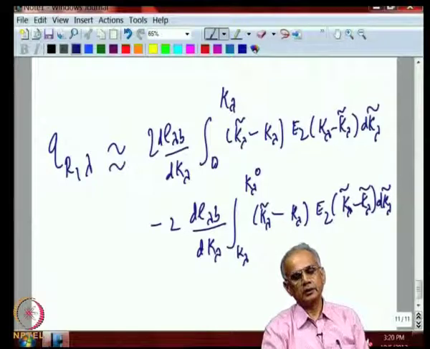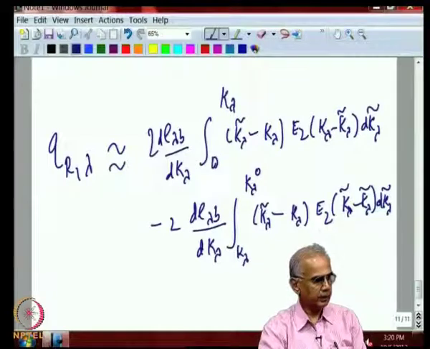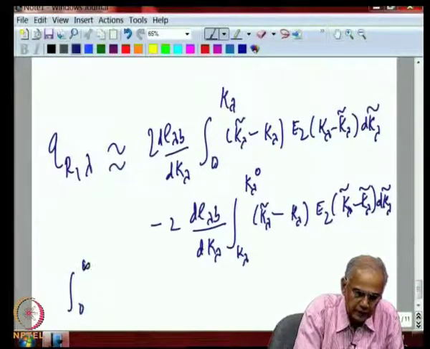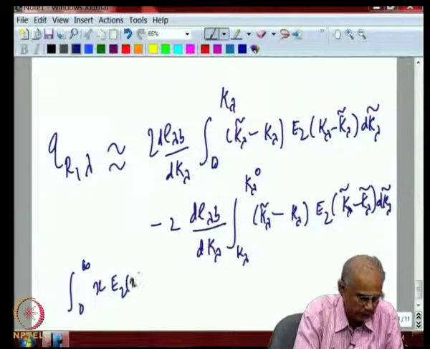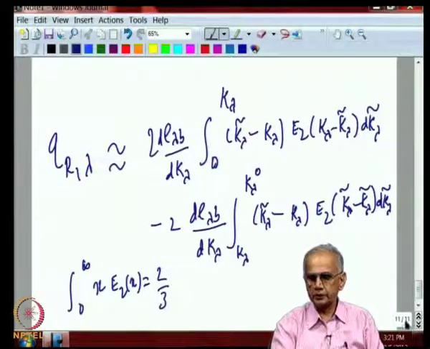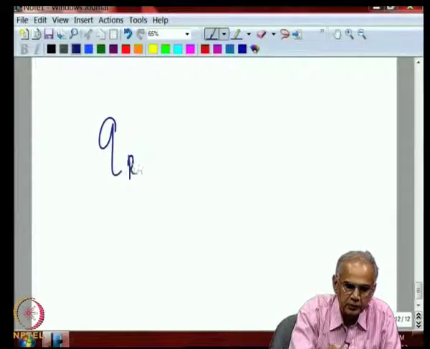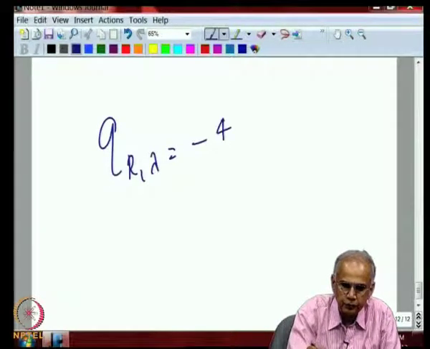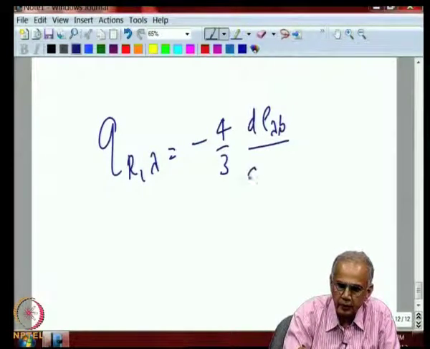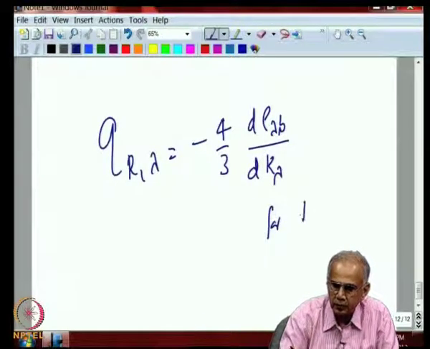This can also be rewritten in terms of kappa lambda 0 minus kappa lambda to make it go 0 to infinity, and using the fact that the integral from 0 to infinity of x E2 of x is equal to 2/3, we can simplify the expression to write the following very simple and elegant result, which is radiative heat flux is equal to minus 4 by 3 d E lambda b d kappa lambda for the thick limit.